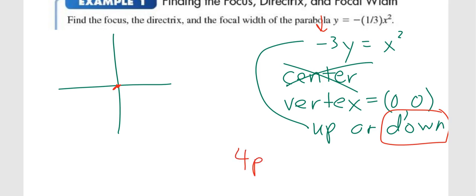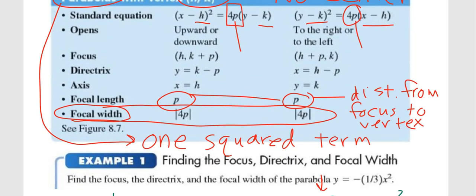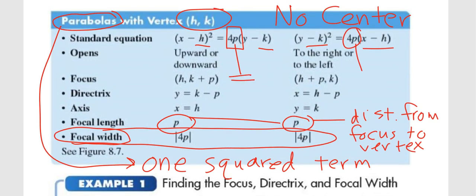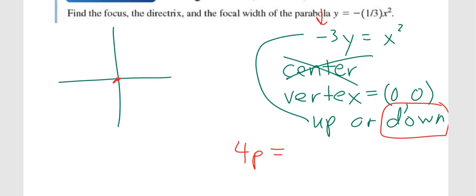Anybody know what 4p is? The focal width? 4p. And if you go up here, it says the absolute value of 4p. According to this, remember, it was in front of the non-squared term, the linear term. What's in front of the non-squared term?